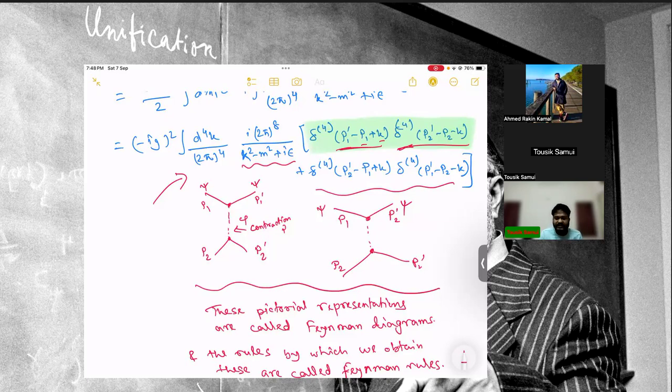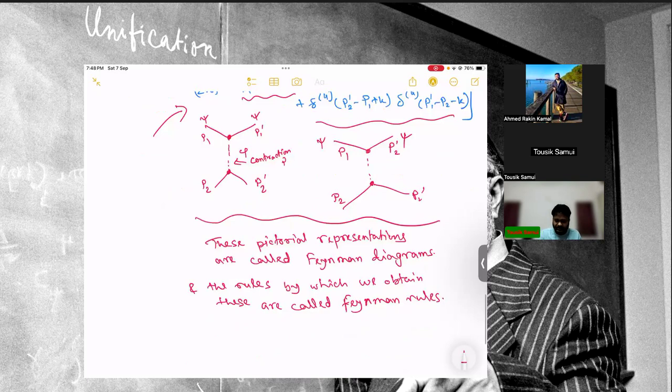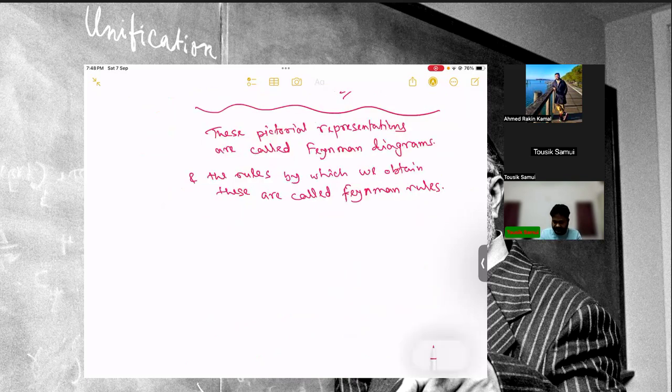All of this comes because of the interaction terms that we have. So without going into further details, let me write down the rules by which we can compute this.